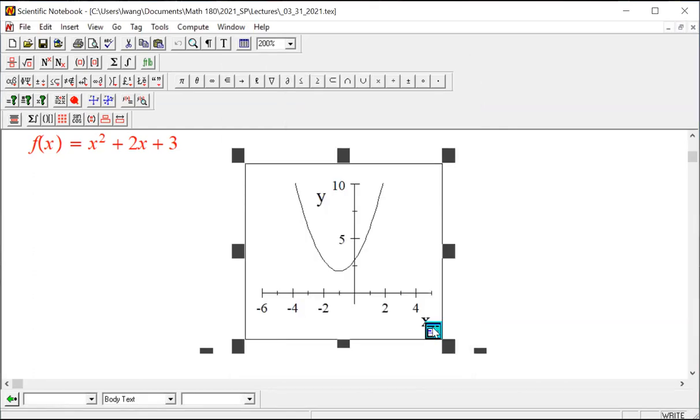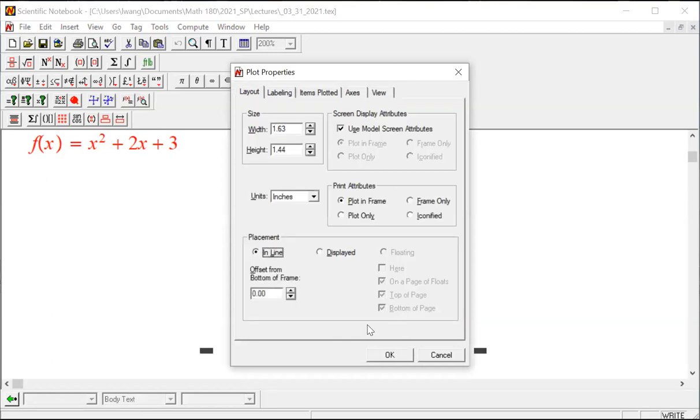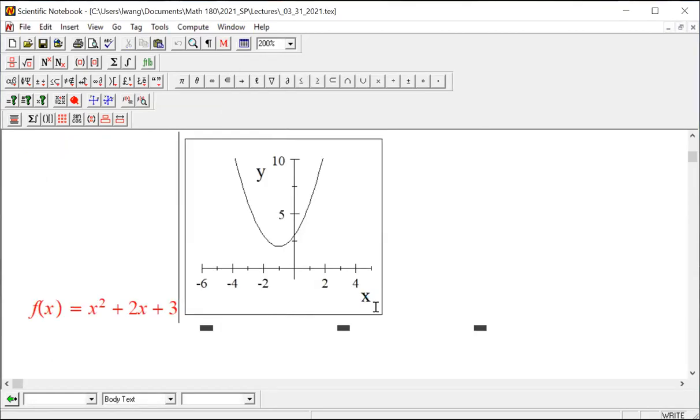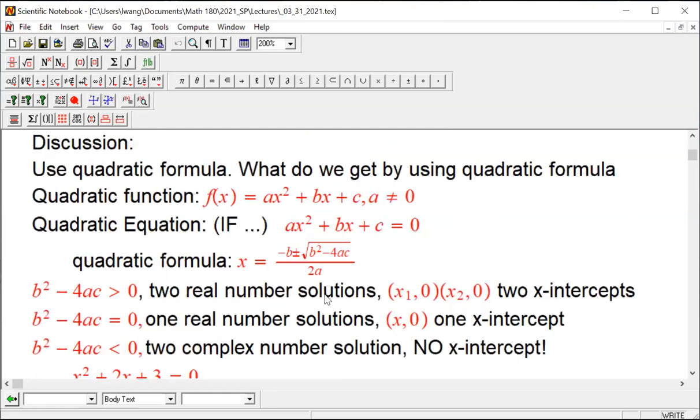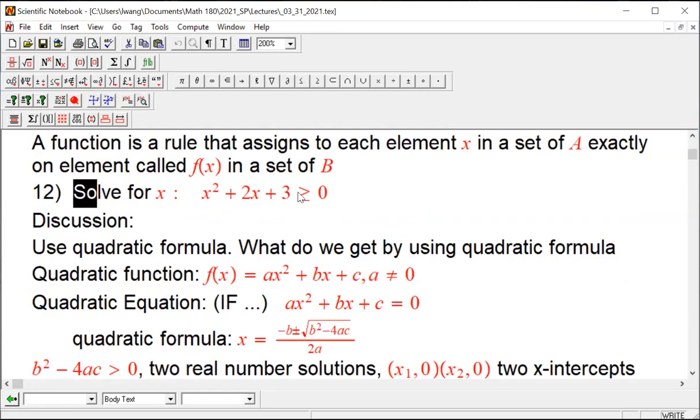Okay, you can see that this parabola is above the x-axis. No touch. You have a vertex and everything, but you don't have an x-intercept. But just remember, what is the goal of solving for x?